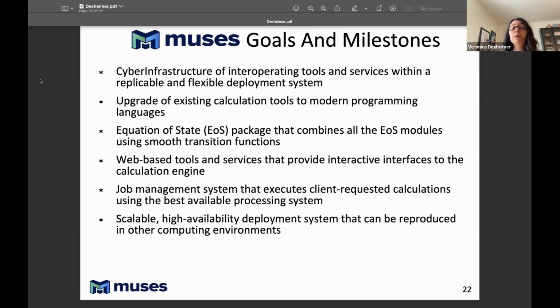And we also want to allow the user to reparameterize some of our modules, not all. So we're going to have some nice interface that's being constructed as we speak. And then people are going to be able to choose what they want to do and either run this on the supercomputers in Illinois or download all this cyberinfrastructure and run it on their own laptops or on the supercomputers they have access to.